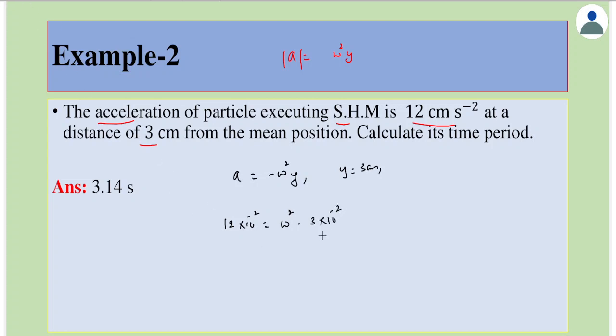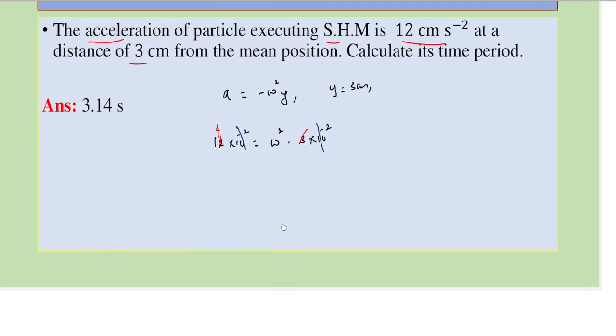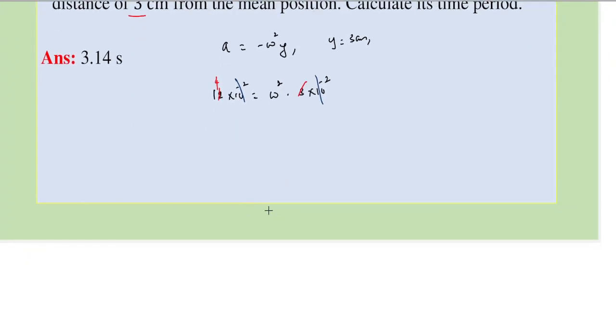So 3 ones are 3, 3 fours are 12, and then 10 power minus 2 gets cancelled. This would lead us to the form 4 is equal to omega square. Therefore, omega would be root of 4, which is 2 radian per second.